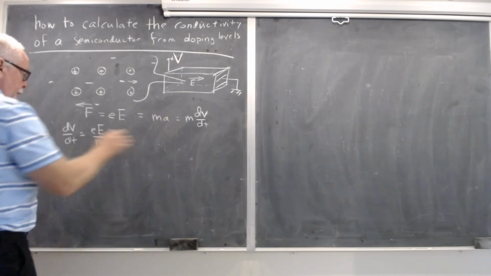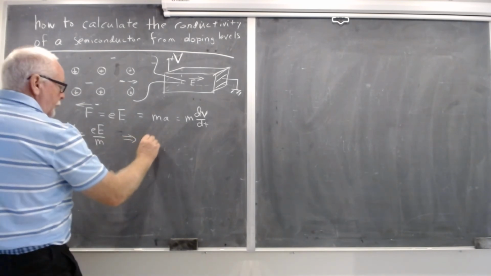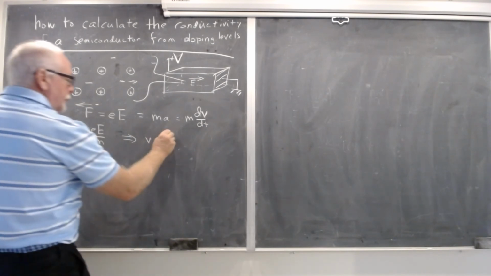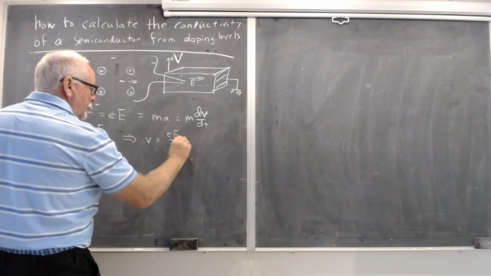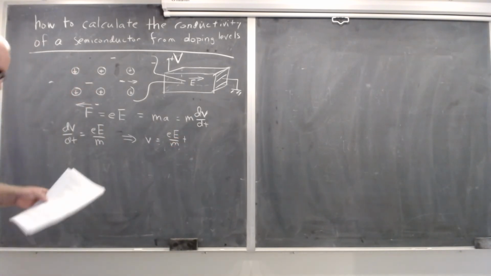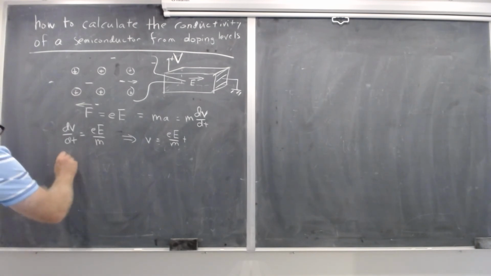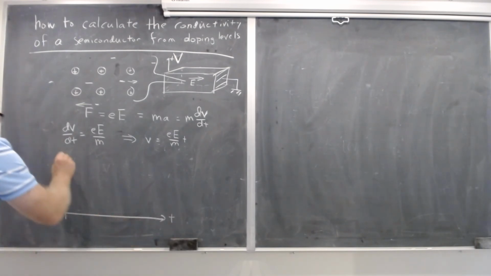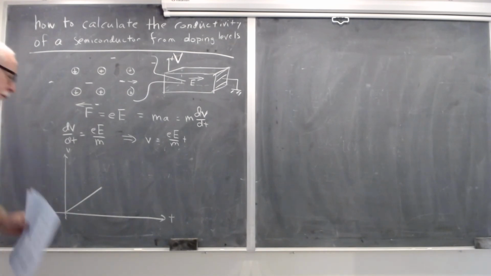And so v, the velocity, is equal to E over m times t. And what we have is that as a function of time, the velocity is going up linearly.